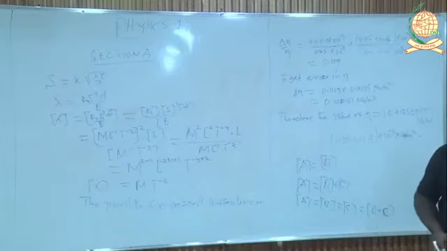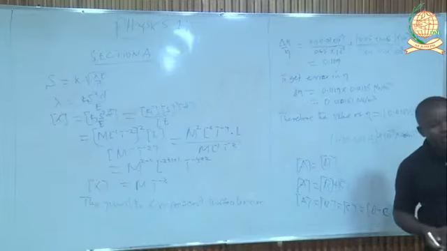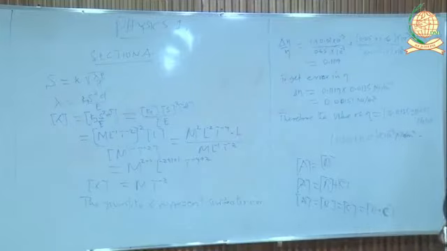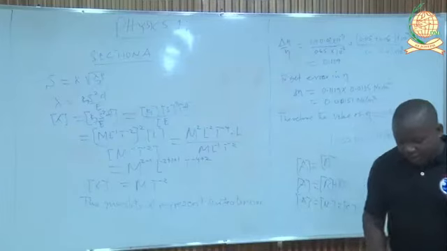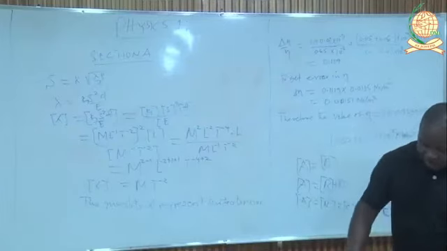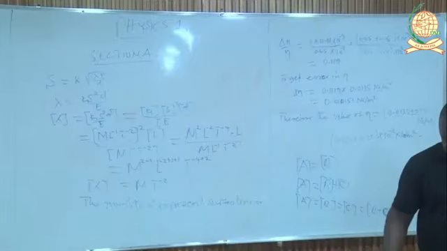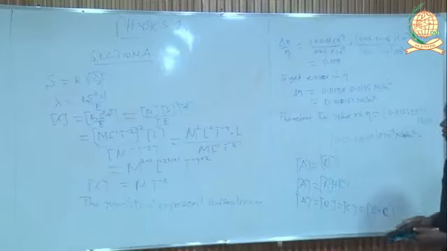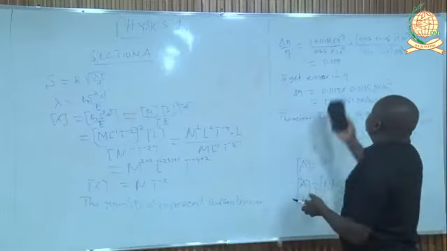Using dimensional analysis, obtain the expression which relates v, r, rho, and eta. So this is another application of dimensions. That means we need to derive a formula that relates these quantities.